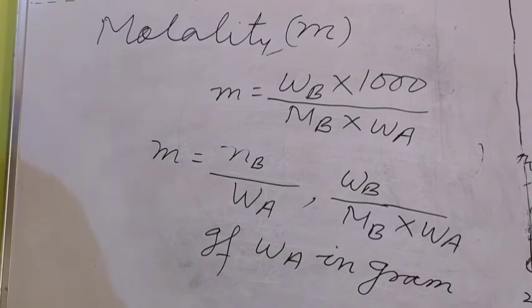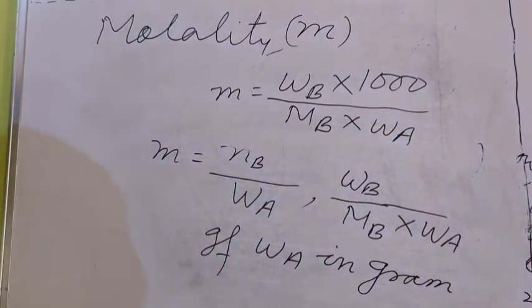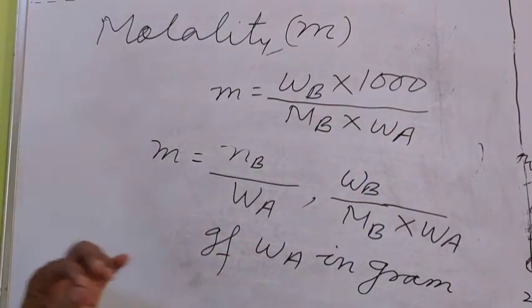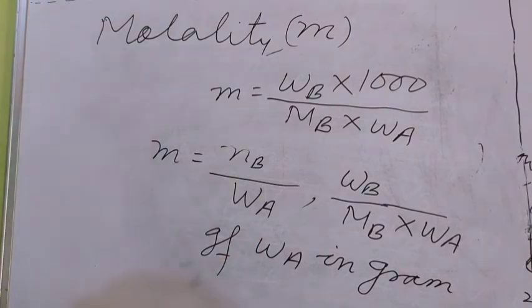There is one important difference between molality and molarity. Molarity, I have just said, depends upon the temperature, but molality does not depend upon the temperature, because in molality there is WA, the mass of solvent, and all of you know that mass of solvent does not depend upon the temperature, because mass does not depend upon the temperature.